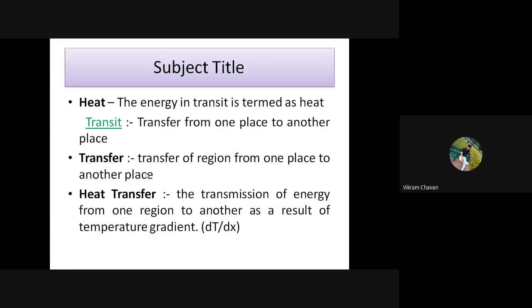Transient means transfer from one place to another place. So energy in transient is heat, the energy which is always transferring from one place to another place, or from one region to another region.